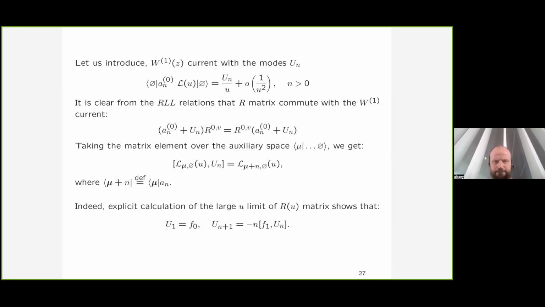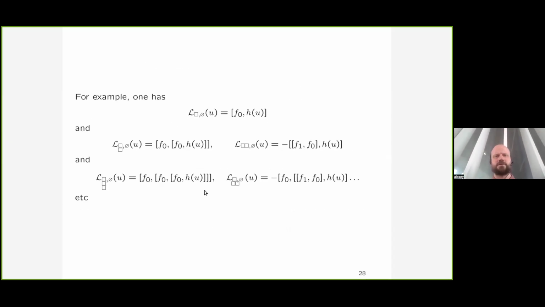And then just from this, taking the matrix element of this with some excited state, you get a recurrence. So adding a line with n boxes to a partition is the same as commuting with the mode of the U1 current. And just from here, you obtain this relation.